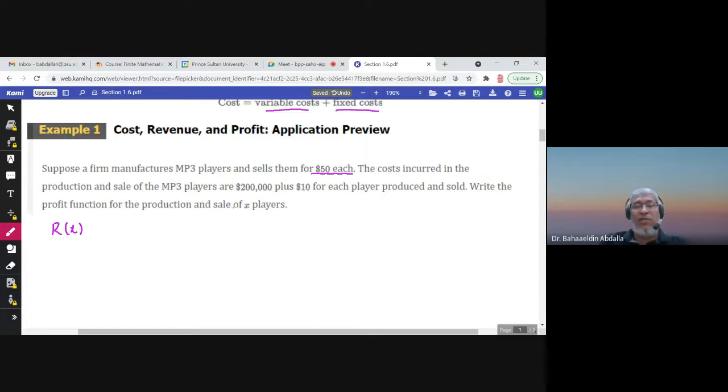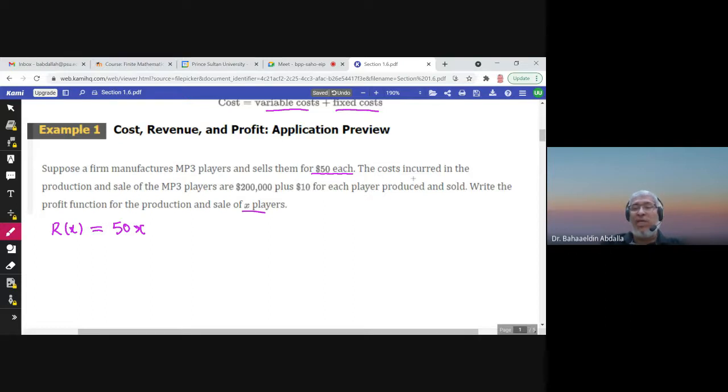If X is the number of units produced, X players, and the firm sells each player for $50, then the revenue would be 50 times X, where X is the number of players, and 50 is the price of each one of them, the selling price. So this is the revenue.